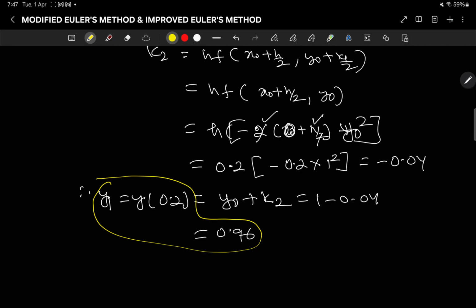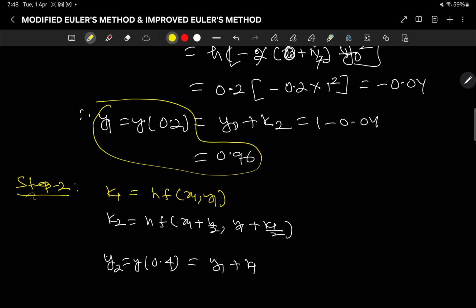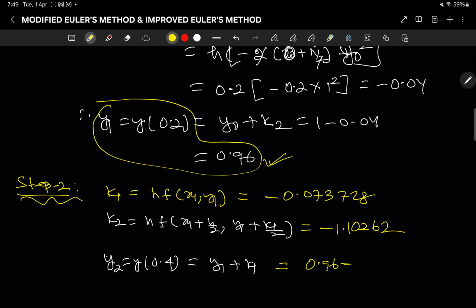Subsequently I find y2. In step 2 I simplify to get k1 equal to minus 0.073728. Similarly I solve for k2, which is minus 0.10262. So this is y1 plus k2, where y1 is 0.96 minus 0.10262.